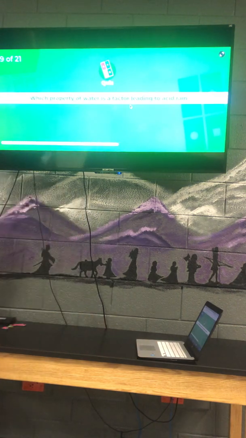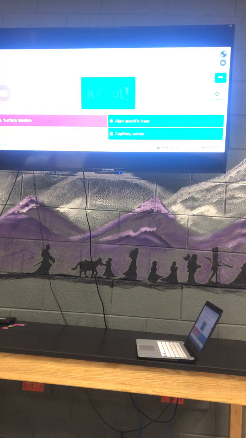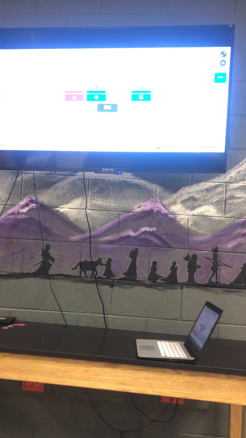Which property of water is a factor leading to acid rain? Okay, this one is kind of tricky because it's not something that we've really talked about, but you could eliminate stuff out. You know these are properties of water.